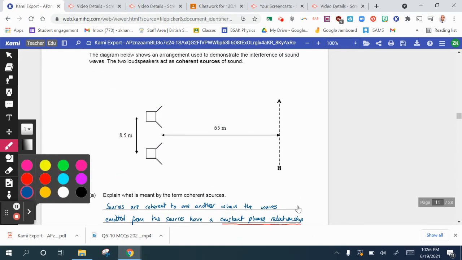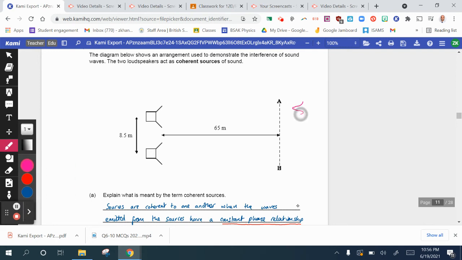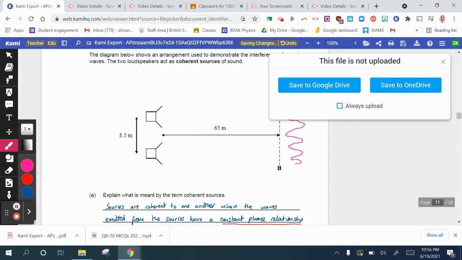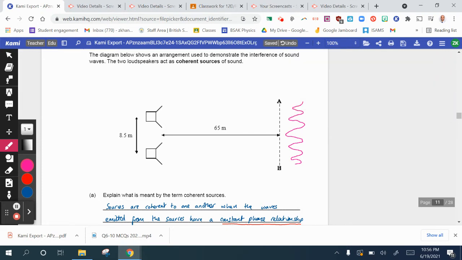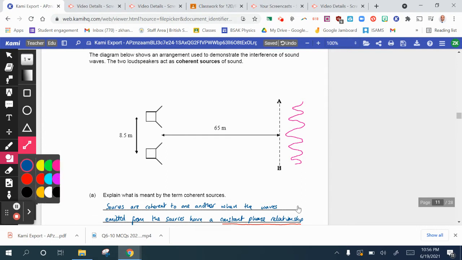If you were to draw that out, it rises, falls, rises, falls, rises, falls, etc. So what could explain the sound intensity rising and falling in the way that we have got here?